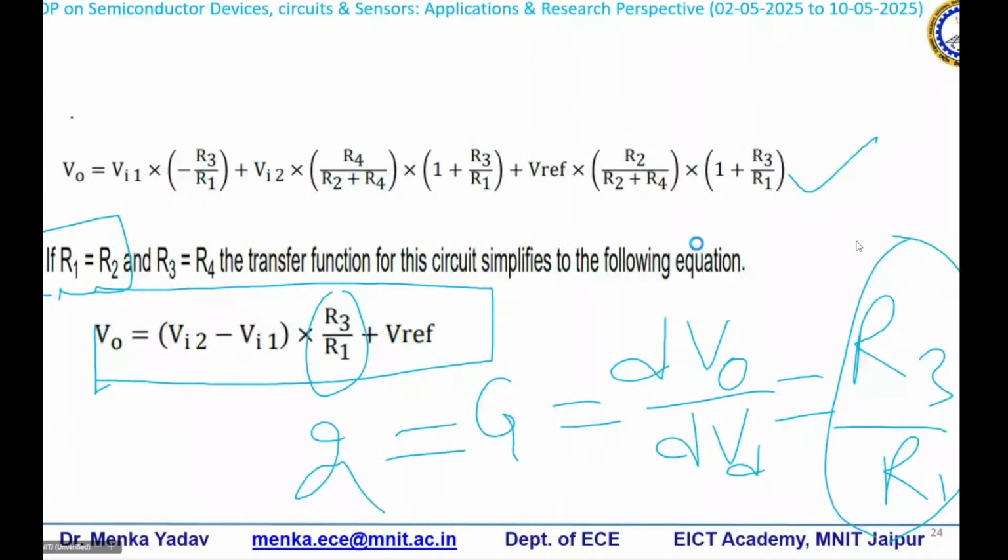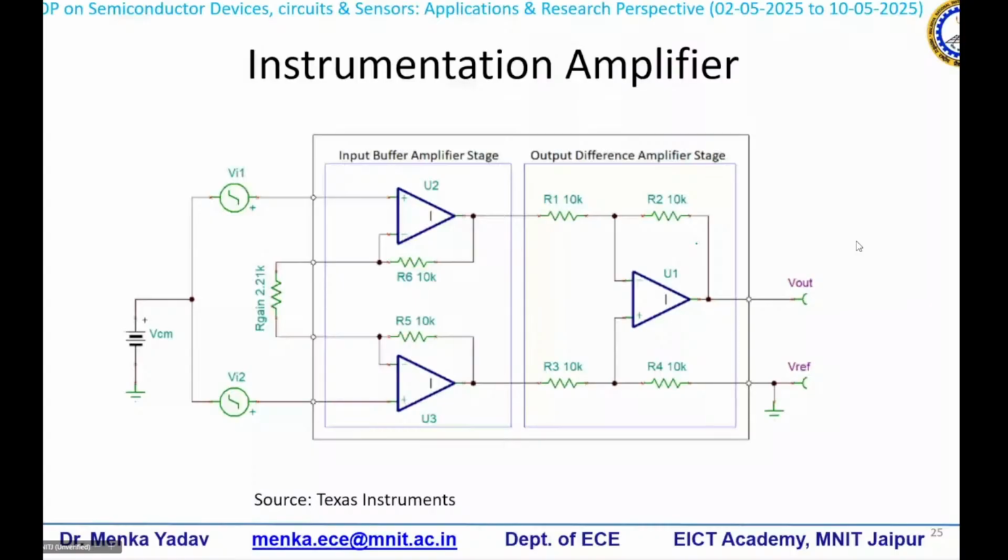Now let us take another example so that you can understand how these types of circuits can be useful to the electrical engineer. The instrumentation amplifier is one of the very famous amplifiers, you might have heard about it. It actually reduces the noise.